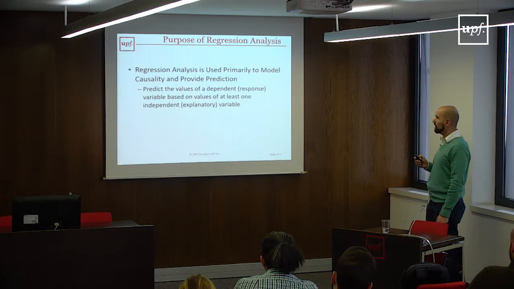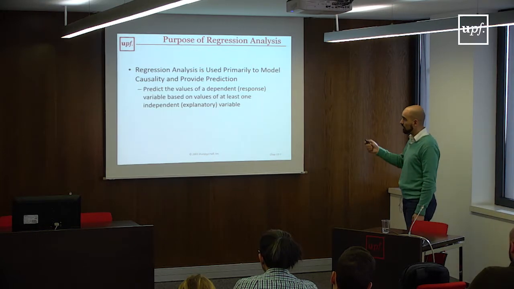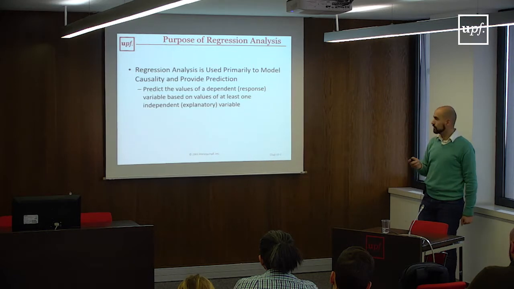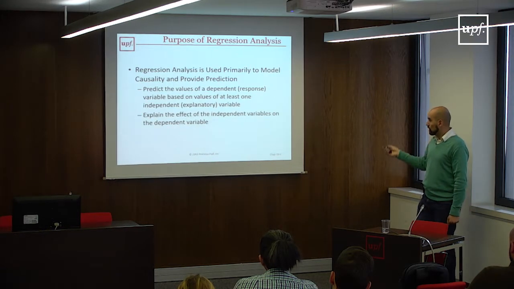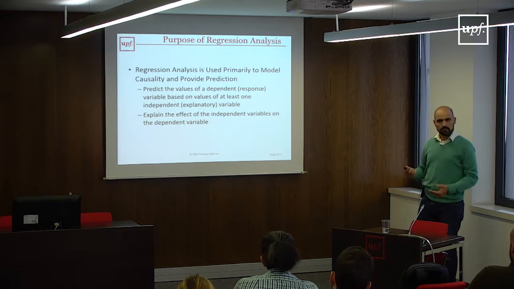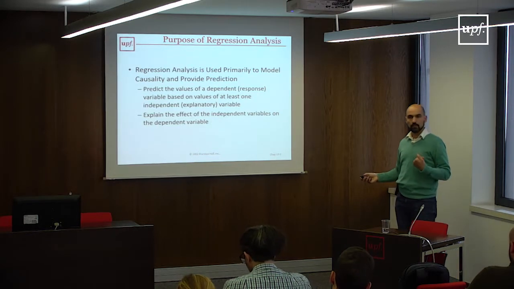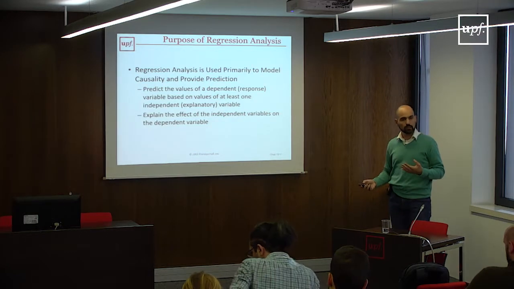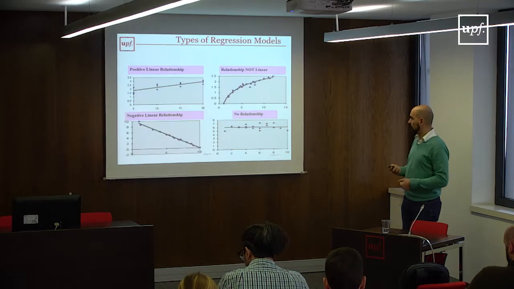So I want to predict values of a dependent response variable based on values of at least one independent variable. We want to explain the effect of independent variables on the dependent variable. Said like this, it is pretty similar to what we have seen for ANOVA. We have a dependent and an independent variable, and we want to see the effect of one over the other.